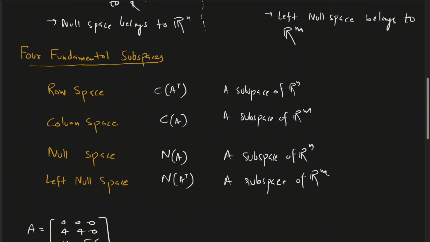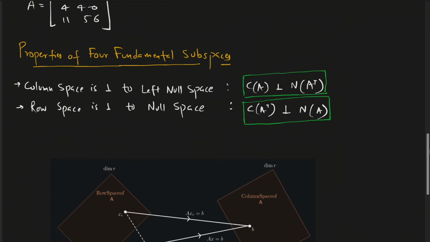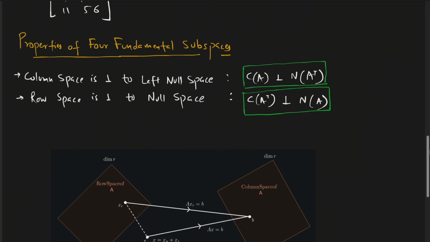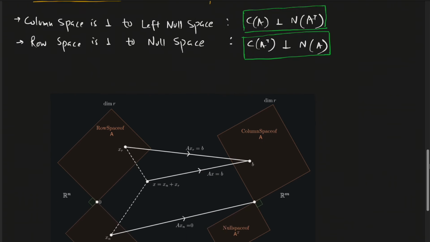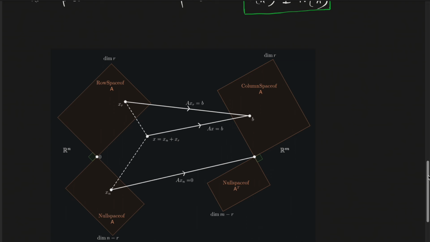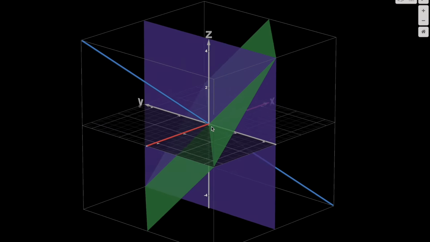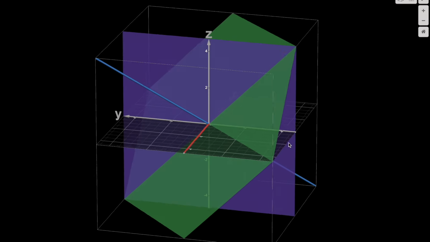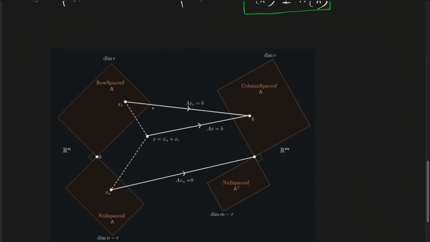There is a very popular diagram which is usually used. Here you can see this is the row space, a plane. This is the null space. By the way, here the null space is also shown as a plane, but in our case, both the null space and left null space are simply lines. But this is a generic case.